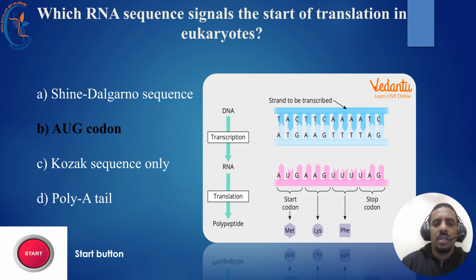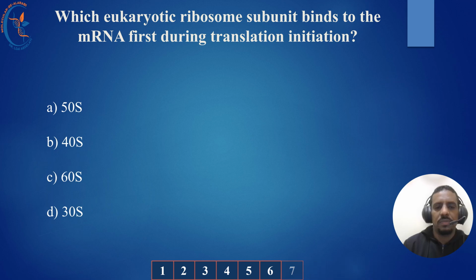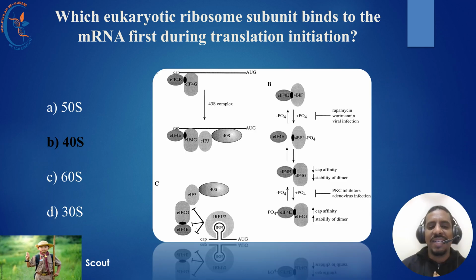Okay, let's move on. The next question: which eukaryotic ribosome subunit binds to the messenger RNA first during translation initiation? All right, the correct answer is 40S. The small 40S ribosome subunit scans the messenger RNA for the start codon AUG.